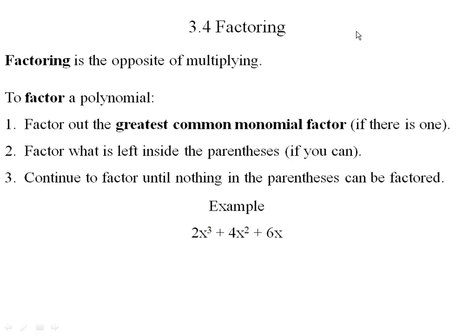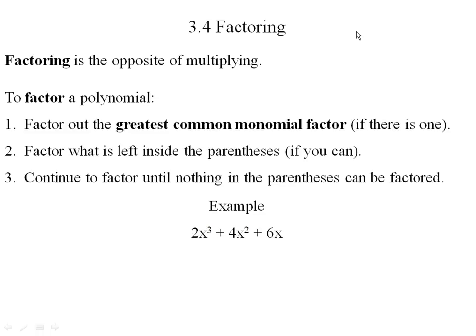Possibly both. If it's a trinomial, greatest common factor, pattern, or leading coefficient 1 or not 1. If it's a quadrinomial, 4 terms, greatest common factor, and grouping. Okay? So always go through those steps when you come to factoring.